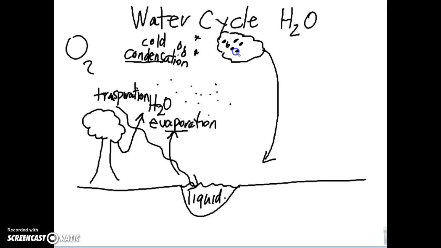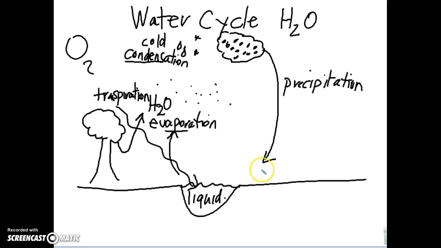The cloud gets filled up because lots of condensation is taking place, and then we end up with precipitation, which is water going back to the earth.